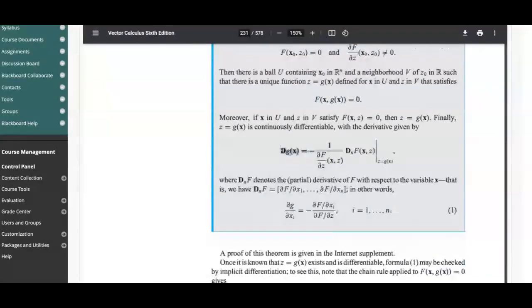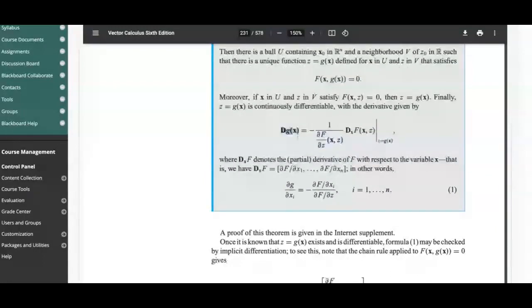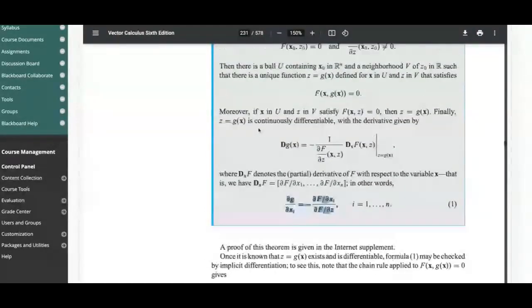So the derivative of g equals negative 1 over partial f partial z, which takes x comma z as the input. And we know this is a matrix, and the matrix's entries depend on the size of the domain and the size of the codomain.